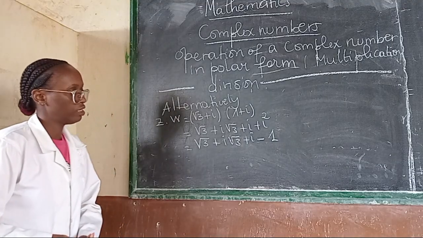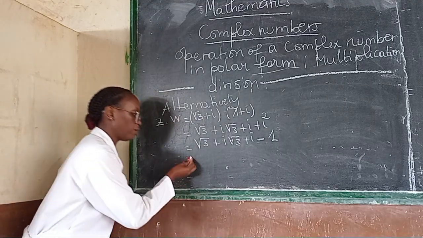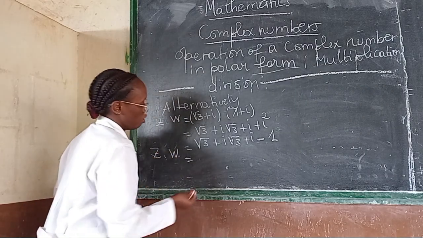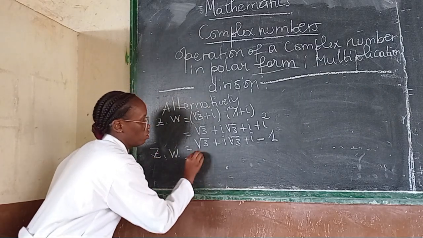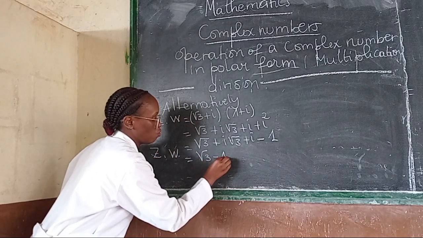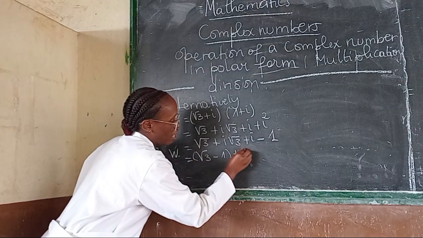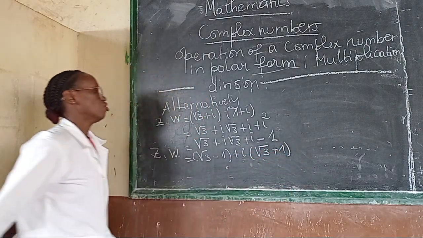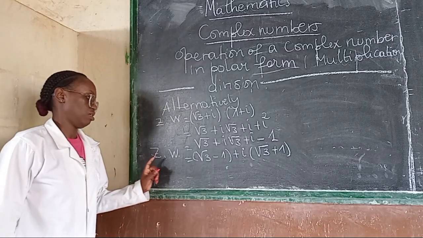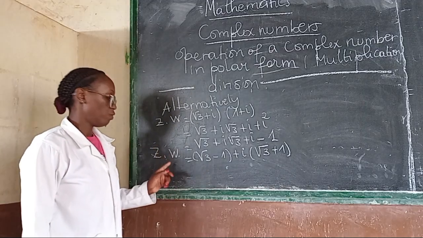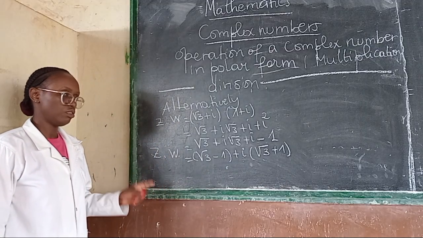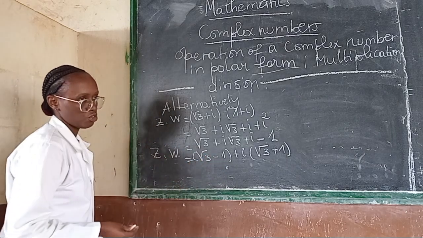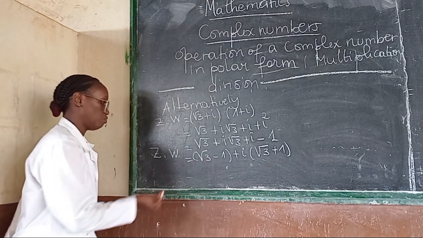So by putting real part together and the imaginary part together, z times w will be equal to square root of 3 minus 1 plus I square root of 3 plus 1. So this is the Cartesian form of the product of z1 times z2. We are going to find the modulus of this product.